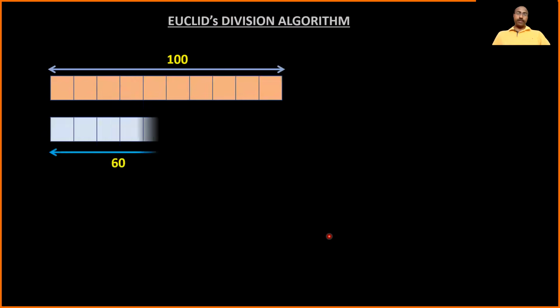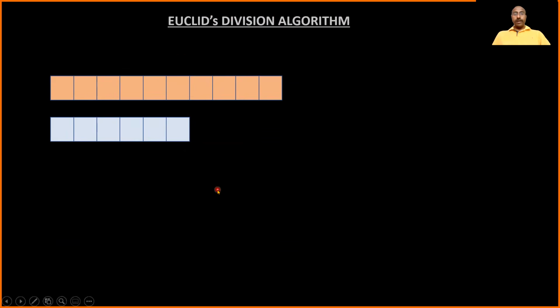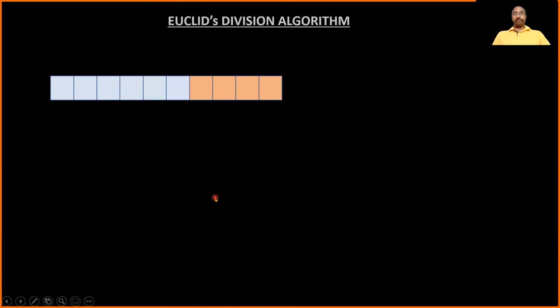Take two stripes of 100 centimeters and 60 centimeters. Now try to measure this 100 centimeter stripe with the 60 centimeter stripe. So you can measure one time, isn't it? And 40 centimeters will be left. So we can express this as 100 is equal to 60 into 1 plus 40, because 100 is measured by 60 one time and 40 centimeters is left.